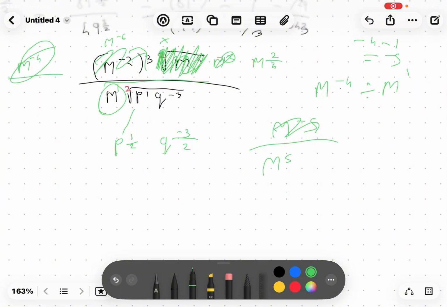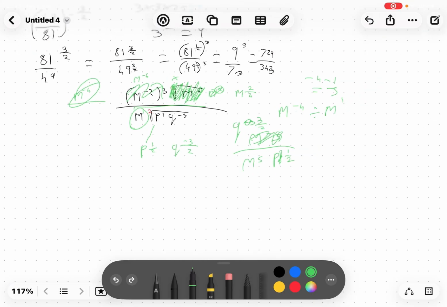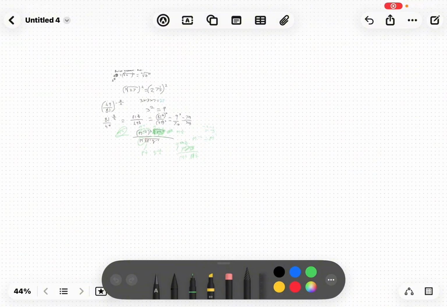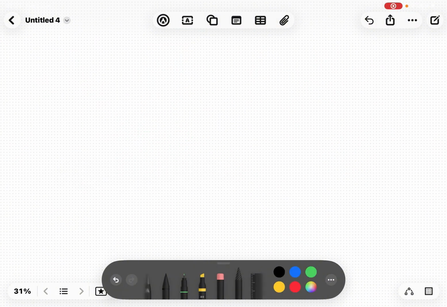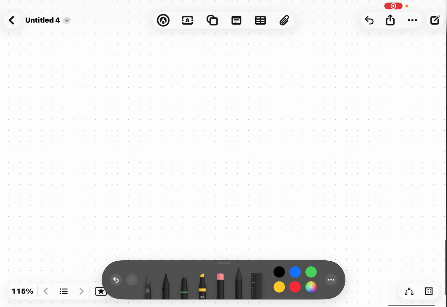And after that we're going to move this one on the top because it has a negative fraction. Q to 3 over 2, and then the p is where it was. We don't add ones because it doesn't matter, that's just how maths works. One doesn't do anything.